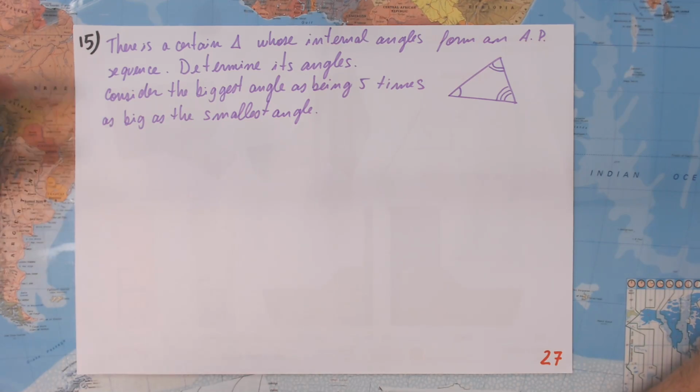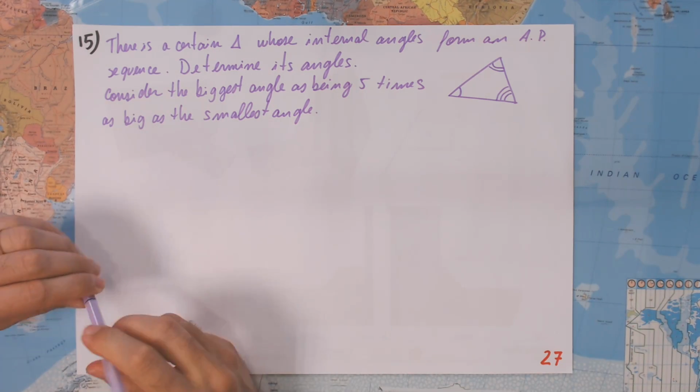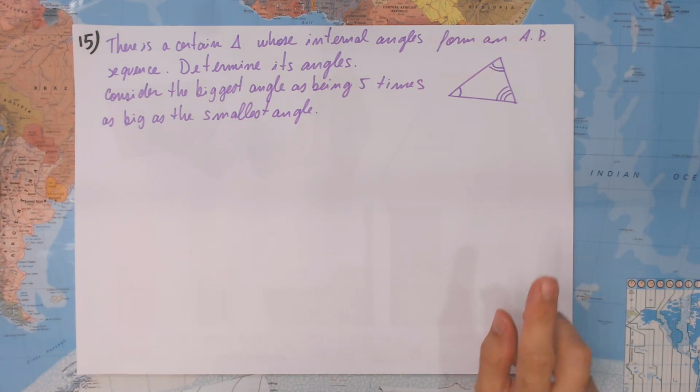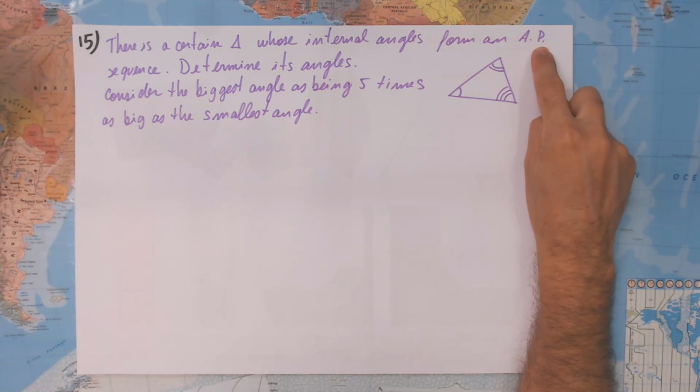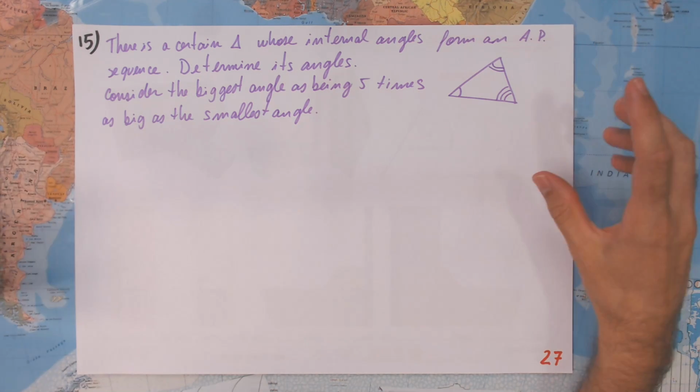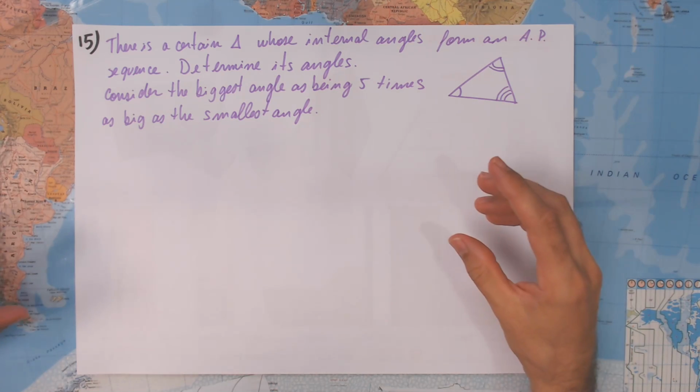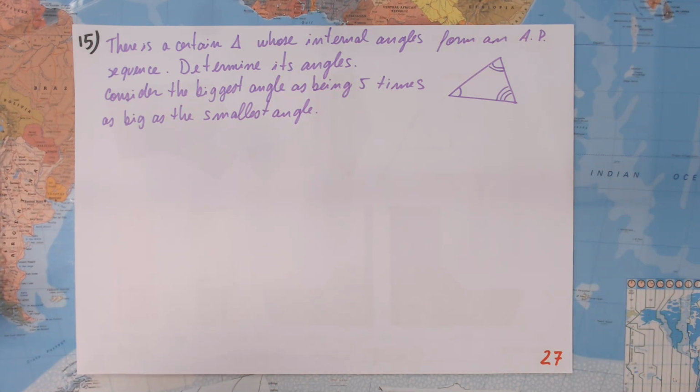So that's it. Now you can do everything. We have two pieces of information. Their sequence is going to be an AP sequence, arithmetic progression, and the biggest one is going to be 5 times as big as the smallest one.